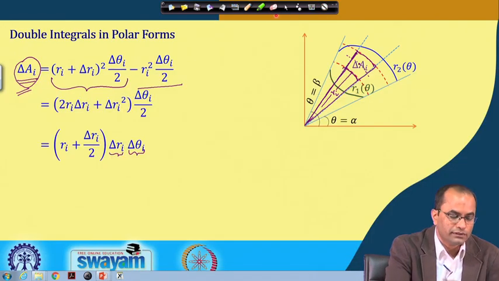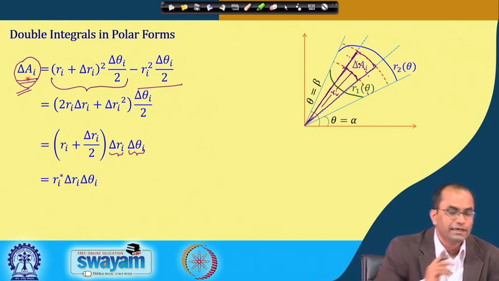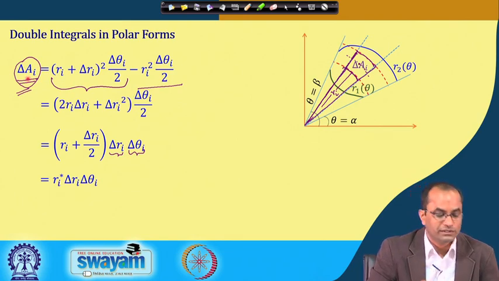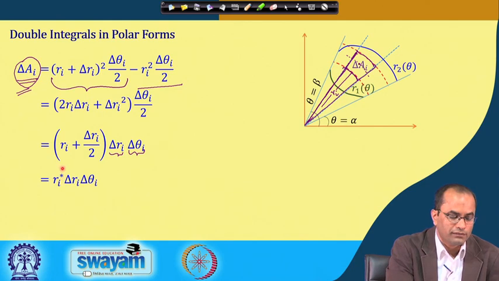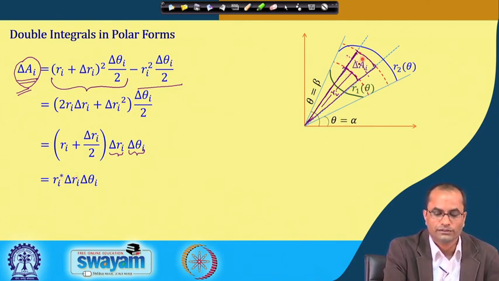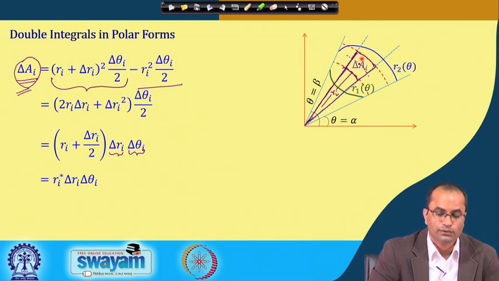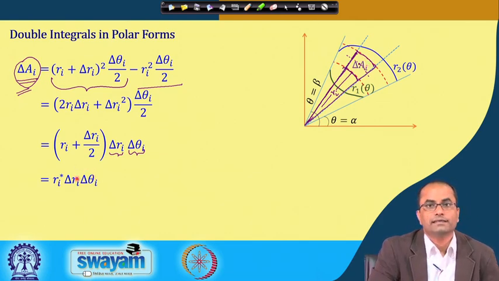And we can denote this now by r_i star, and then we have delta r_i delta theta_i. So, the area of this small region now has this radius r_i star, which is the middle of these two circular arcs we have for this region, and then delta r_i delta theta_i.